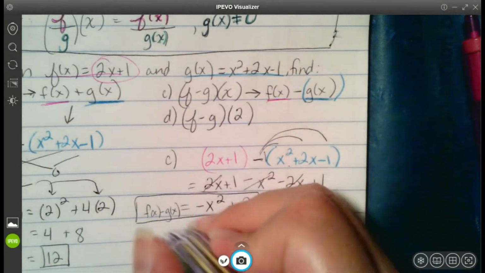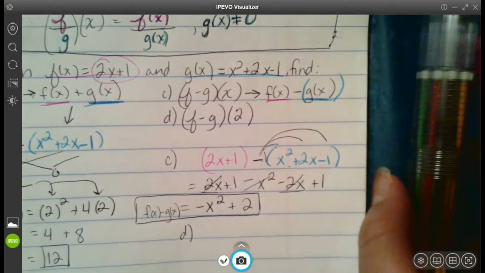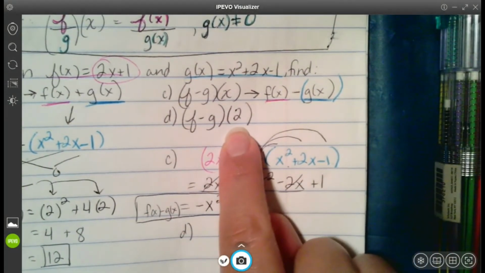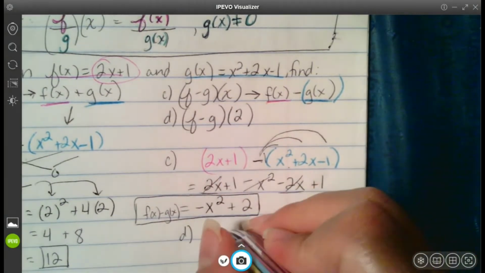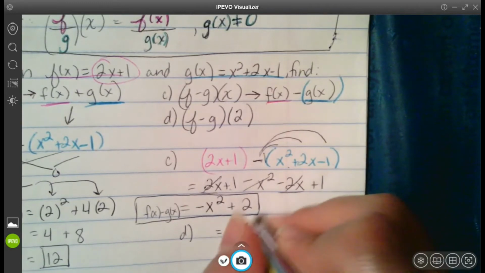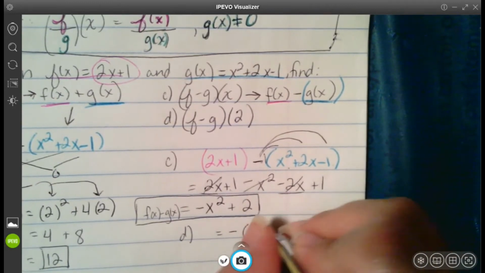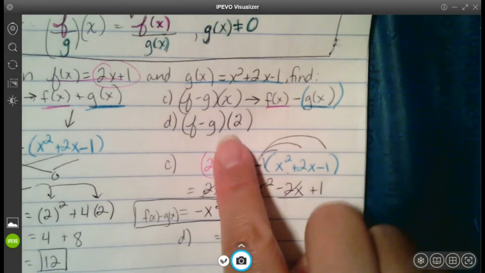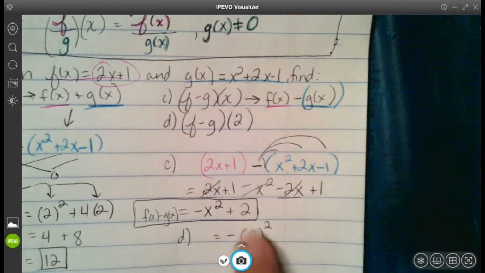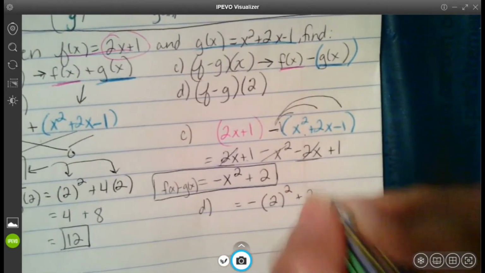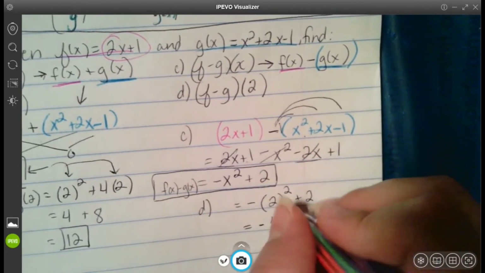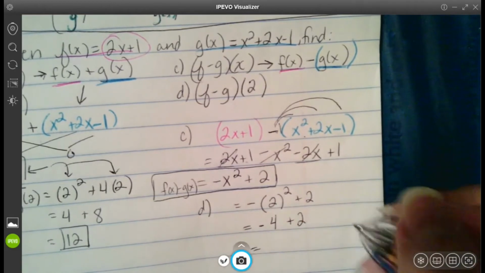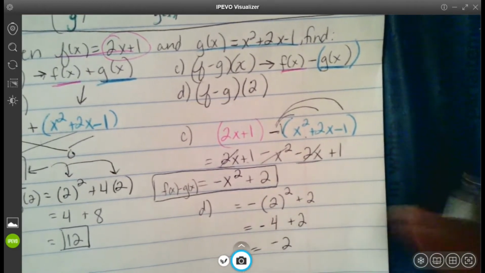Okay, last part, letter D, it's the same deal. Now we're just going to plug that 2 in. So all I have to do is plug it into here. So I'm going to say equals negative parentheses 2 squared, plus 2, which is going to give me negative 4 plus 2, which is negative 2.